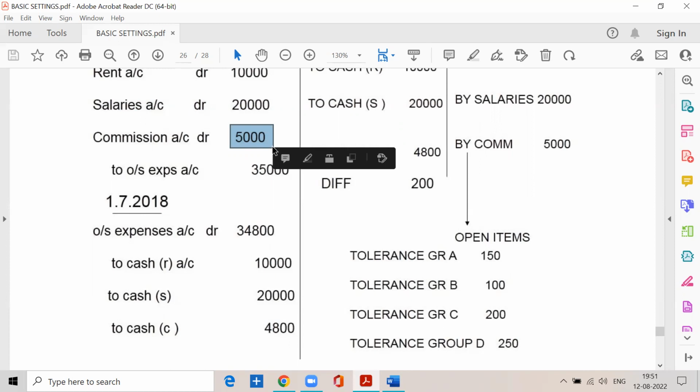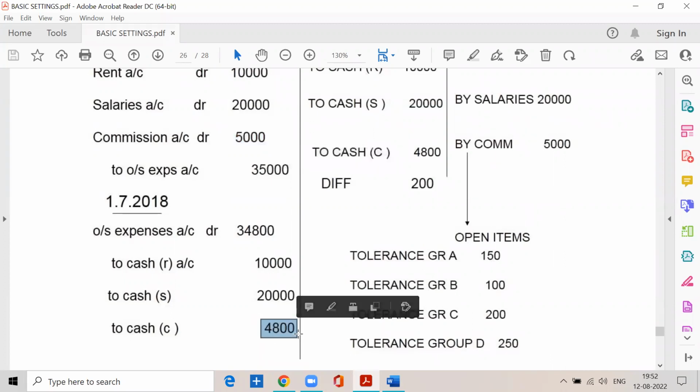Then the commission agent approached me saying, sir, you have to pay 5,000 rupees commission to me relating to the previous month. Then I said, yes, you are right. But as of now, I have only 4,800 rupees with me in the cash box, and the main cashier has also left the office because it's already 5 o'clock.